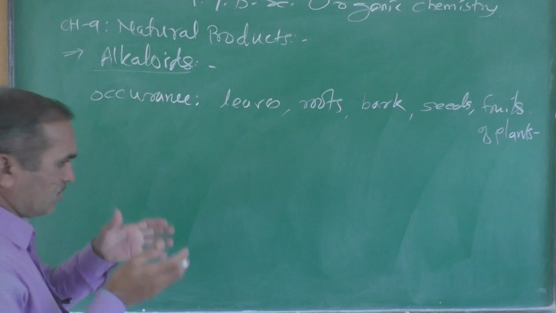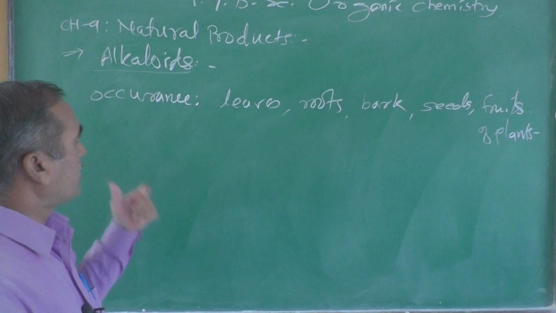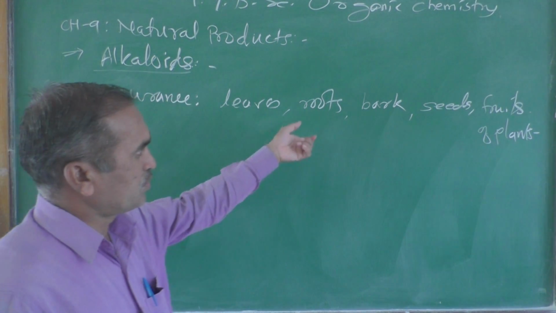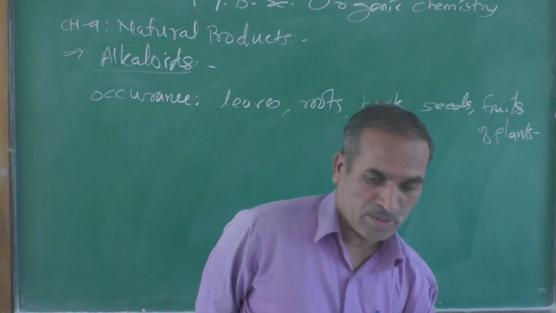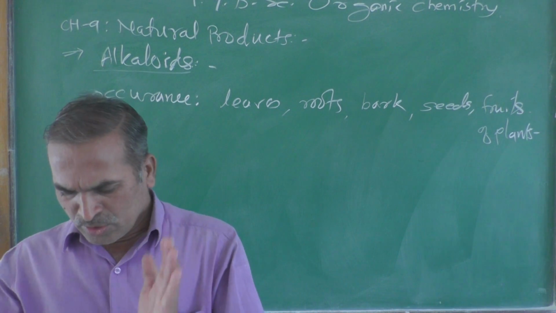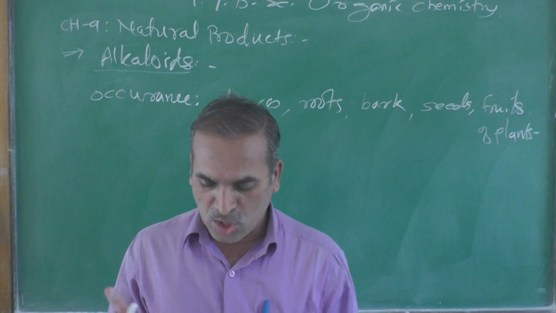Where are these alkaloids found? They occur in leaves, roots, bark or skin, seeds, and fruits of the plants, and they do not occur in the free state.